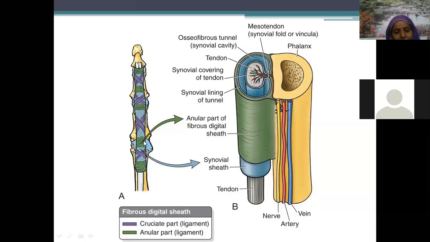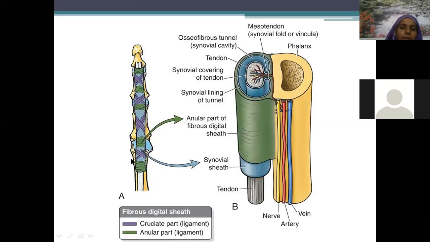Alternately blue and green are shown. So these are actually fibrous digital sheaths. Their arrangement may be like a ring, which is called annular part, or their arrangement may be crisscross. Crisscross is X, which is cruciate, and annular is ring.